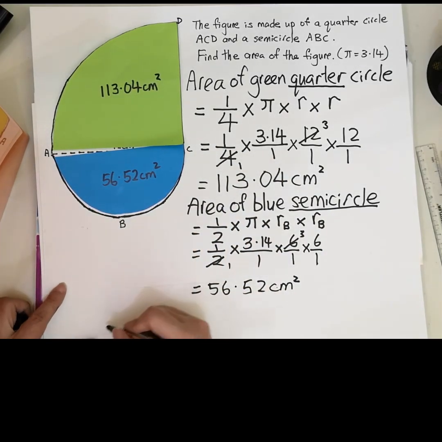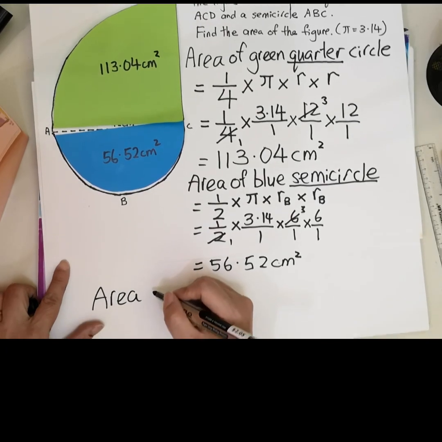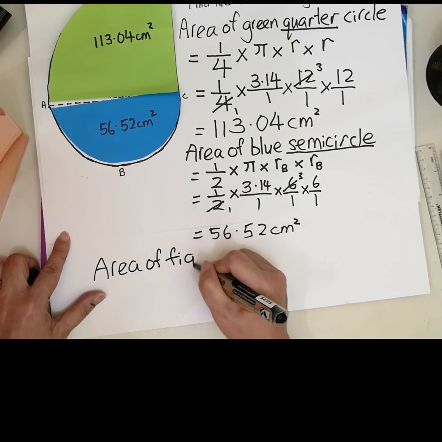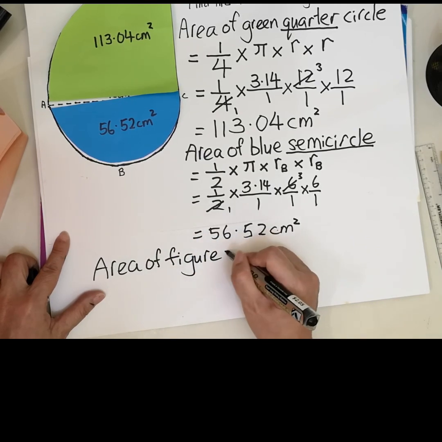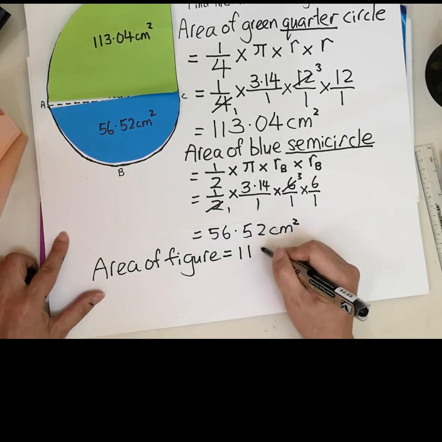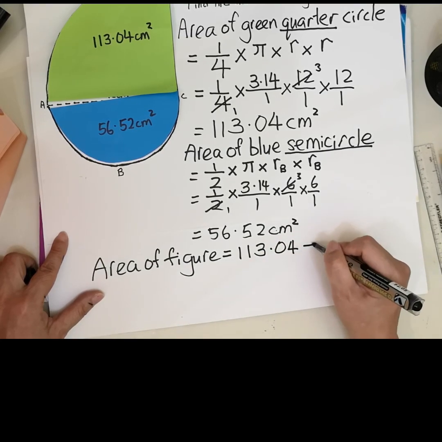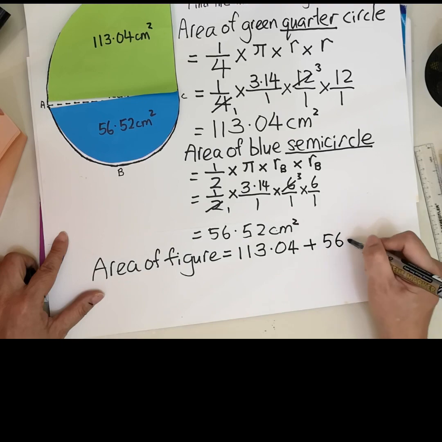So the area of the figure will be, we take the area of the green quarter circle, add to the area of the blue semicircle.